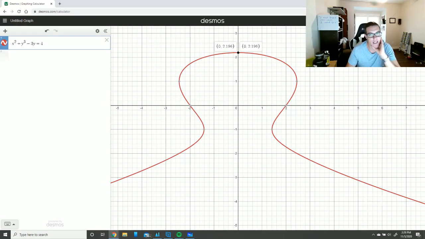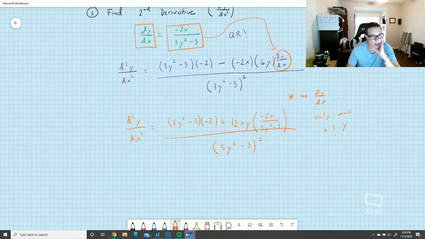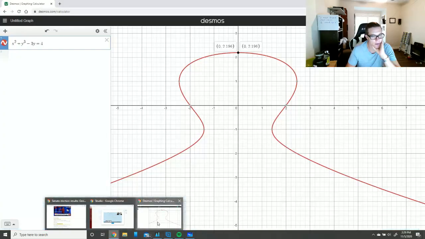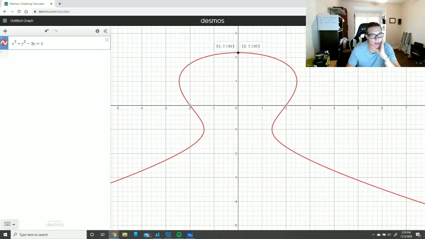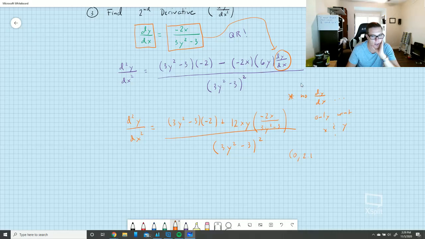That means if I went to this relation and plugged in 0, comma, 2.196, I would get a negative second derivative because it's concave down.